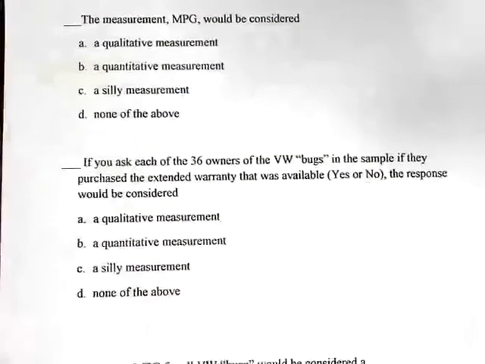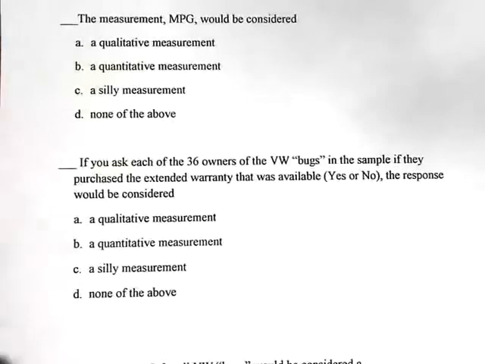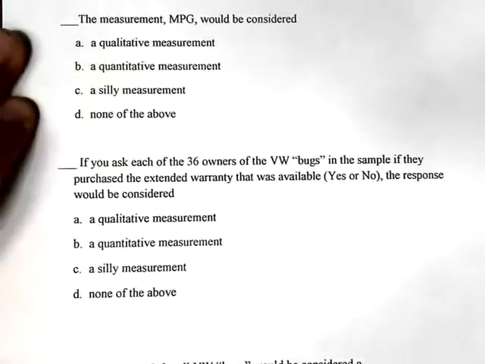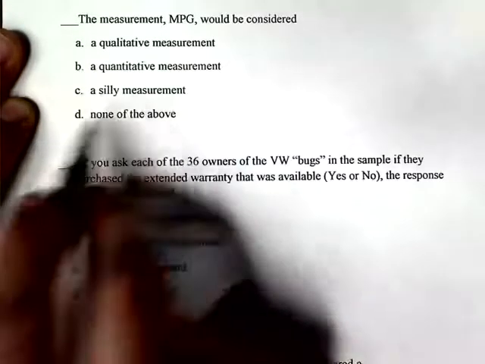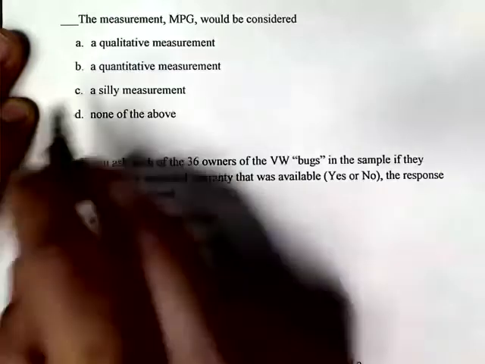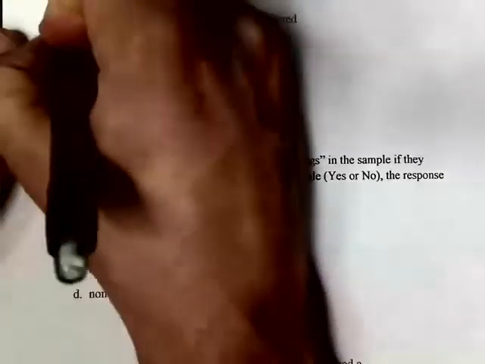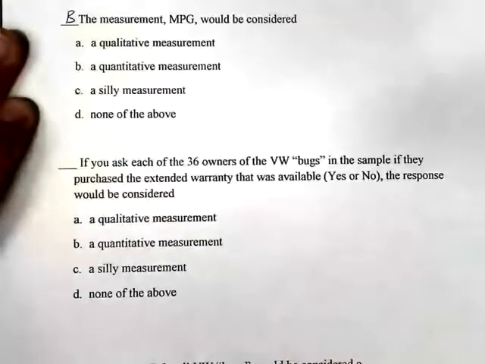The measurement, miles per gallon, would be considered a, well, it's not a silly measurement. I hope you wouldn't pick that. It's actually a quantitative measurement, right? This is a chapter 2 idea: a quantitative measurement can be numerically described. Miles per gallon can, and so it's a quantitative measurement.